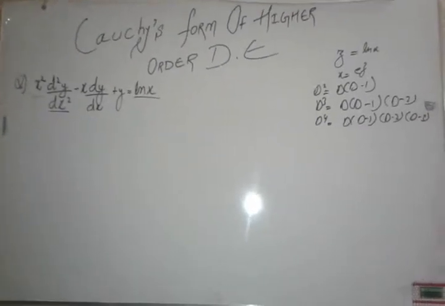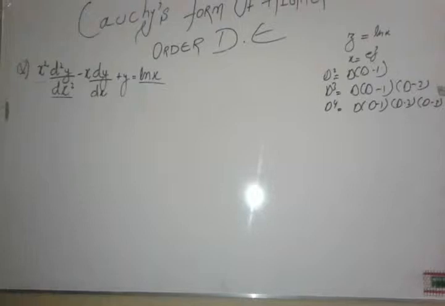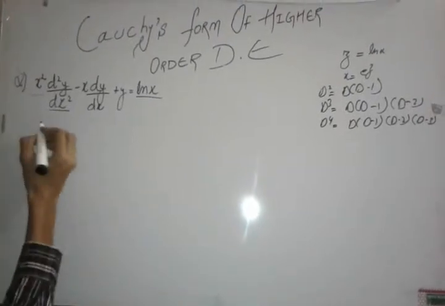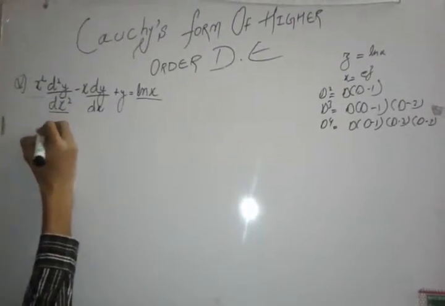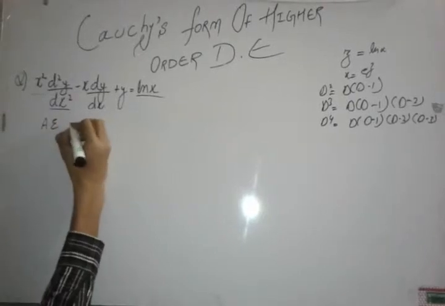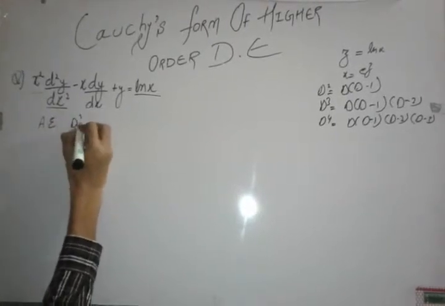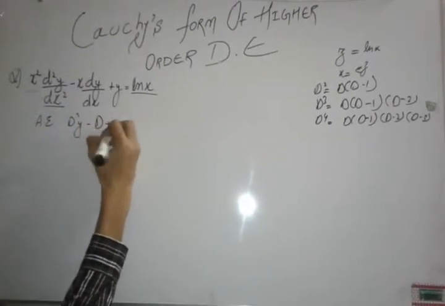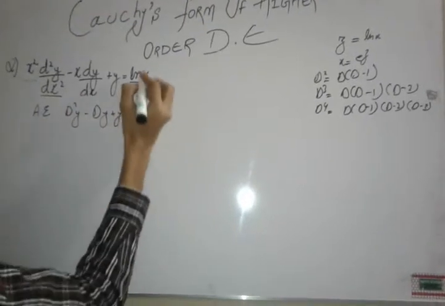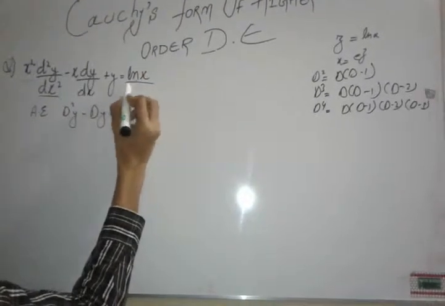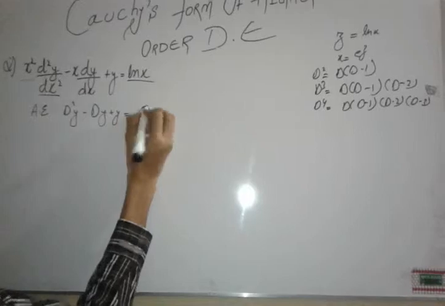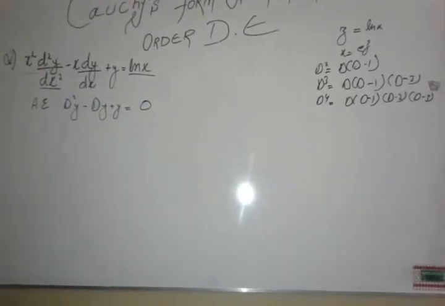Now, starting to solve it, first we will form an auxiliary equation to find yc. Then the auxiliary equation will be D square y minus Dy plus y. As we know that this term is the yp, we will ignore it, and x square will also be ignored.